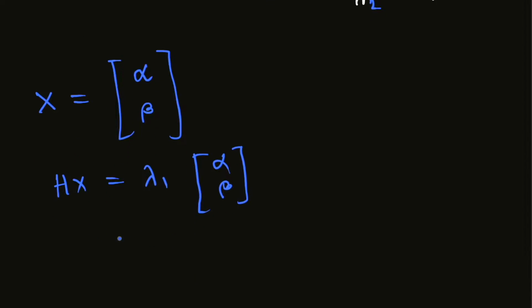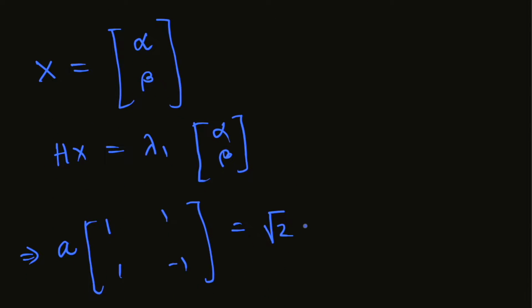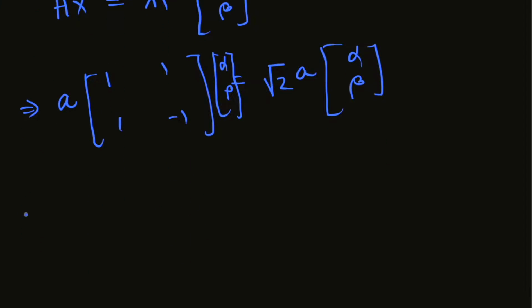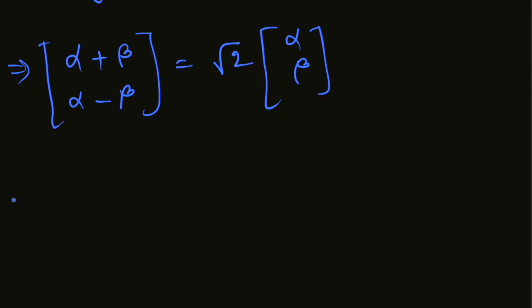Taking lambda as root 2 A, A times [[1, 1], [1, -1]] acting on (alpha, beta) gives root 2 A times (alpha, beta). That means (alpha + beta, alpha - beta) equals root 2 (alpha, beta). So these two equations will hold.